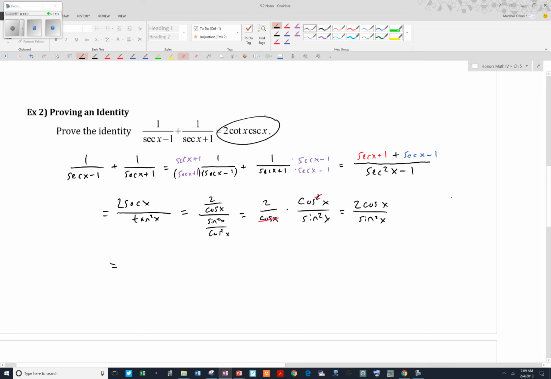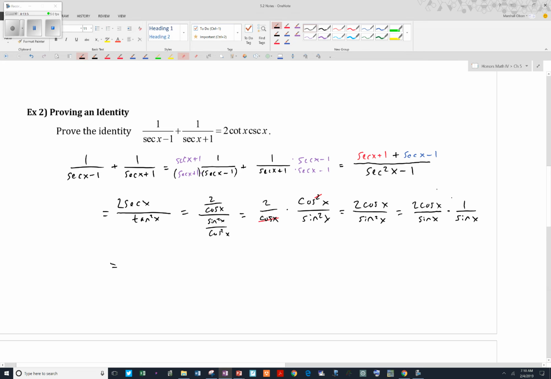Well, how are we going to get that then? Notice that this is cosine over sine, which I kind of have right there. I have sine squared, though. This is 1 over sine. So, in other words, if I separate this fraction into 2 cosine of x over sine of x, which would mean I need 1 over the sine of x, these two statements are equivalent.